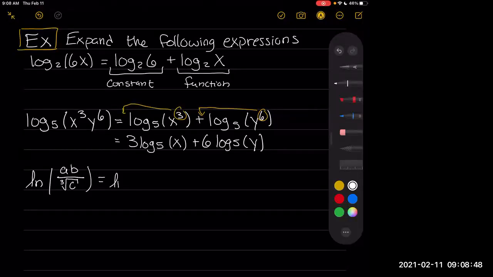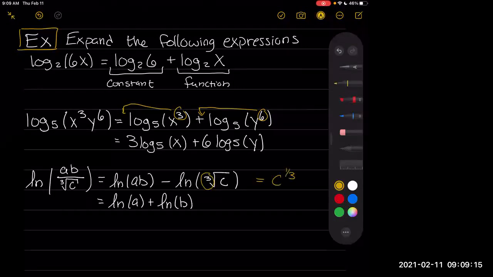So that will give us the natural log of AB minus the natural log of the cubed root of C. And then here we can separate our A and B: the natural log of A plus the natural log of B. And then this cubed root is the same as writing C to the 1/3. So we can pull that 1/3 out. So this will be minus 1/3 the natural log of C.